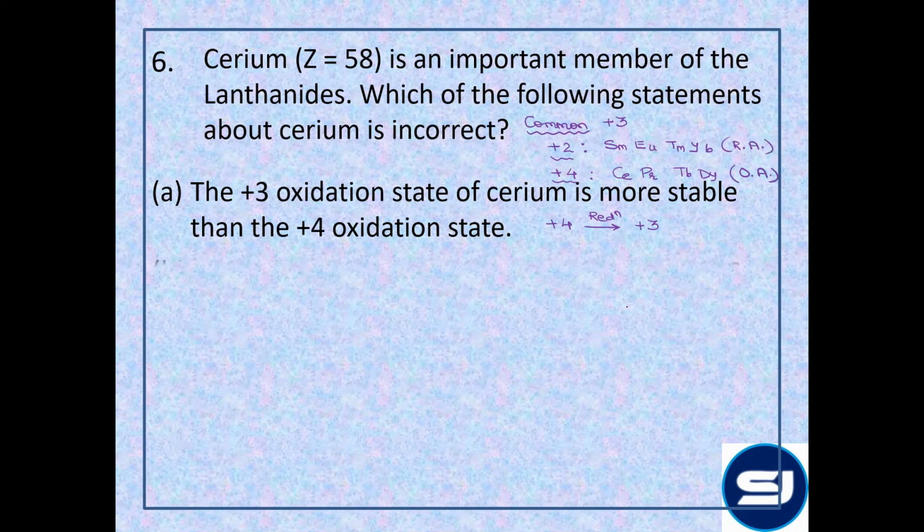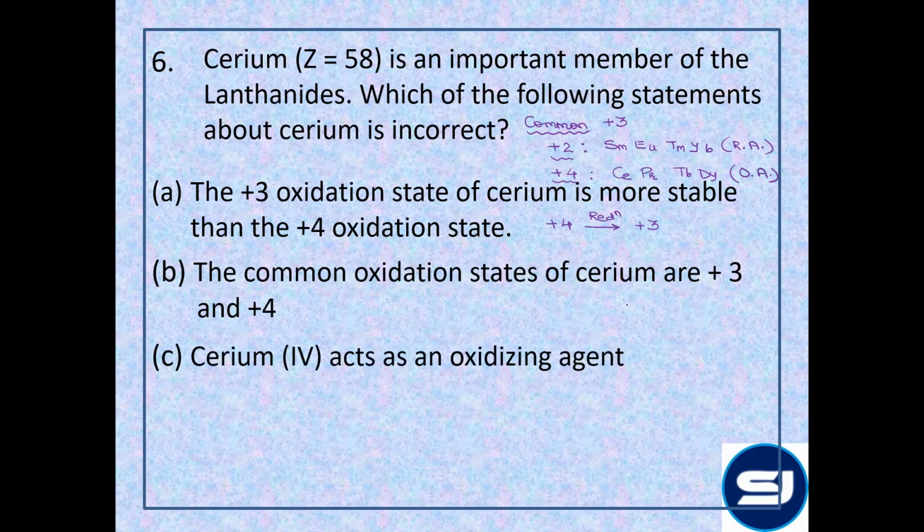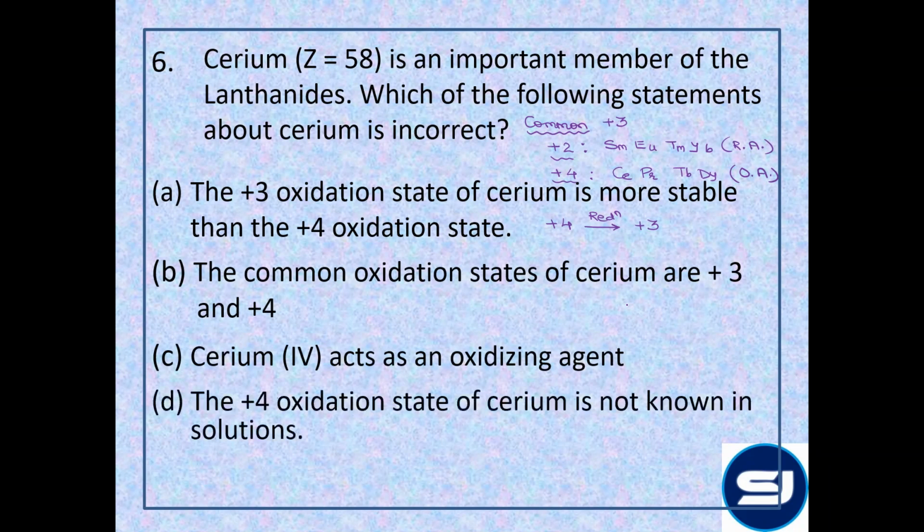So this will be a correct statement. The common oxidation states of cerium are +3 and +4. Yes, they are. Cerium 4 acts as an oxidizing agent. Yes, it does. And the +4 oxidation state of cerium is not known in solutions. It is definitely known. So the correct answer is D.